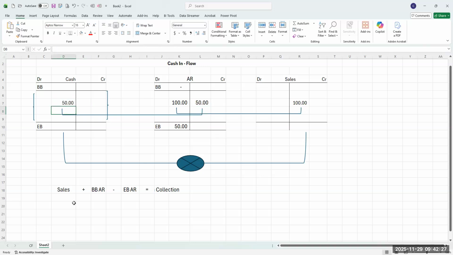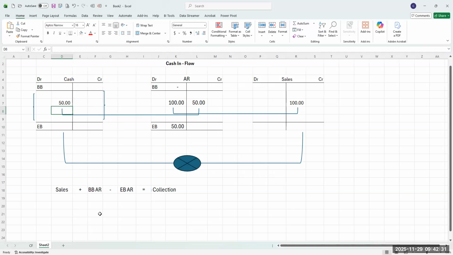So, can we express this by a formula? Absolutely. What will be my formula? My formula will be my sales plus beginning balance minus ending balance. Let me format those cells.